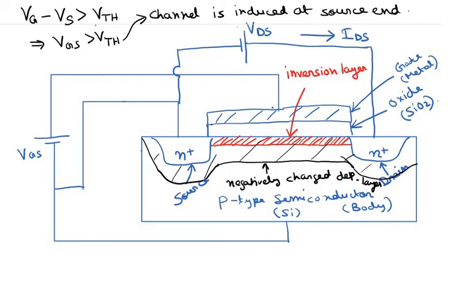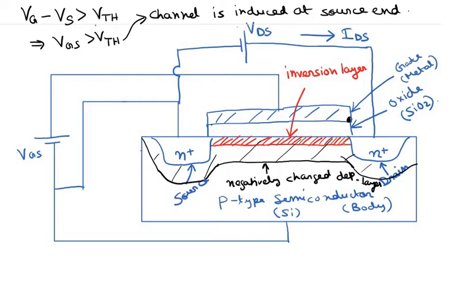Now, if VDS is greater than 0, in that case the potential at the drain is not equal to the potential at the source. Under such a condition, the channel at the drain end would be induced when the potential difference between the metal gate and the part of the body which is attached to the drain is greater than VTH.